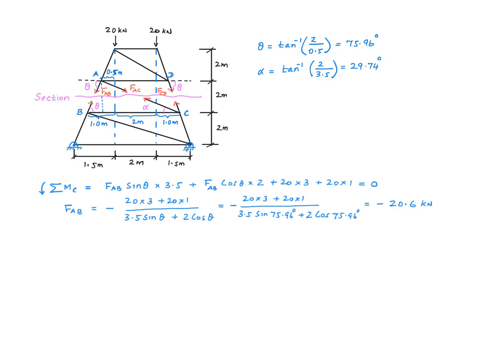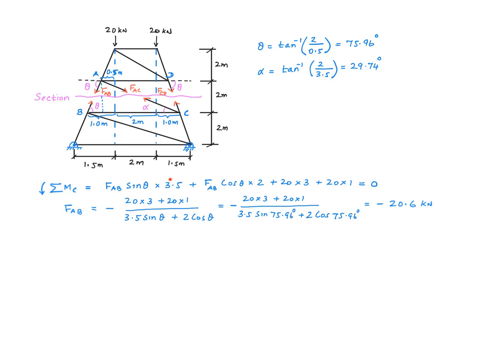Now we are ready to use our equilibrium equations to find the unknown forces. Here I am writing down a moment equation about point C. I am resolving this force FAB into horizontal and vertical components. The vertical component is FAB sine theta, which is directed downward from point A. And the perpendicular distance of that from point C is 3.5 meters.